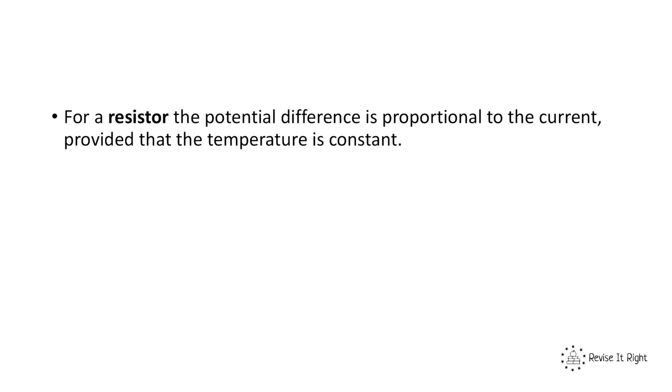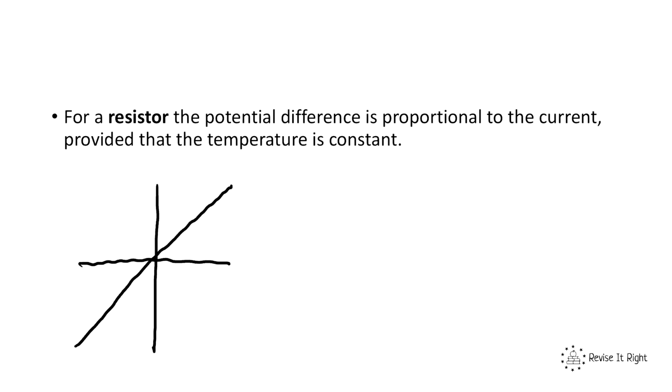So for a resistor, the potential difference is proportional to the current, provided that the temperature is constant. And the IV graph for a resistor, remember, looks like this. So as our current increases, so does our voltage.